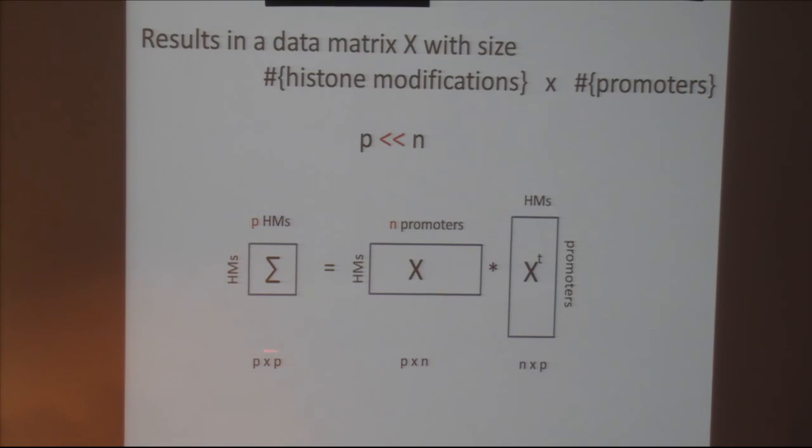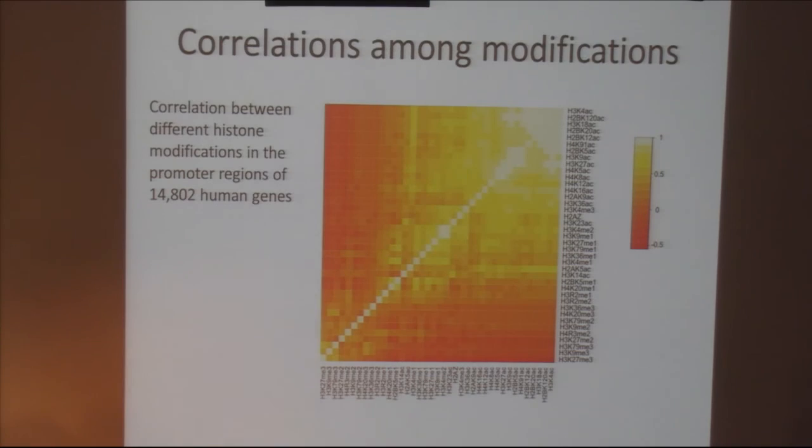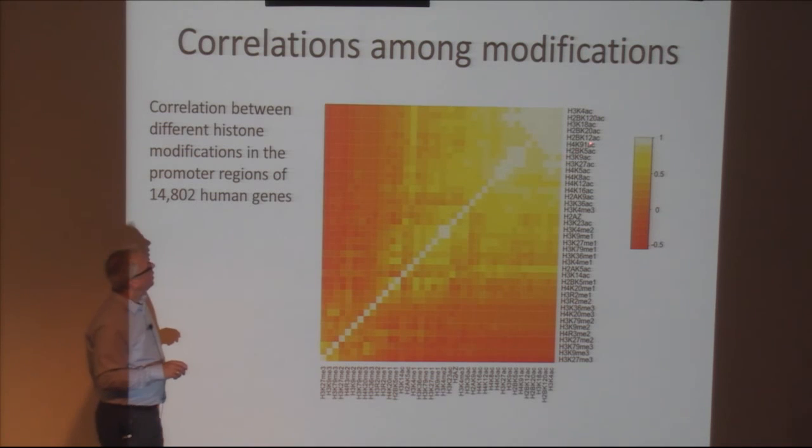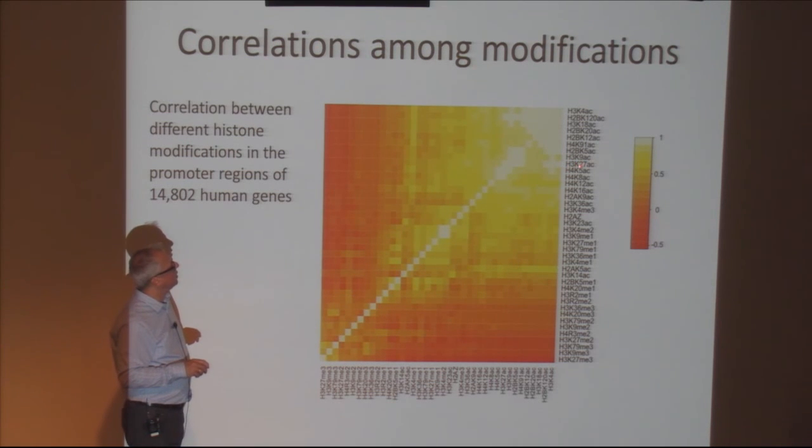Our P by P matrix now, the P is much smaller than N, and we don't need to fight with the P much larger than N problem anymore. So here are the correlations among the different histone modifications. And you can see, for example, up here, a correlation coefficient of 1 is almost white here. Up here is a cluster of highly correlated histone modifications. And here we see this H3 lysine 27 acetylation, which is a hallmark of the activation of a gene.